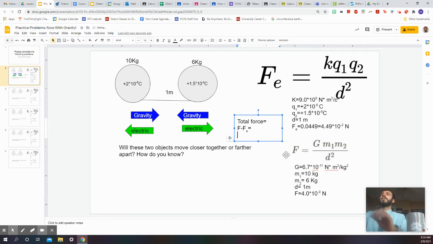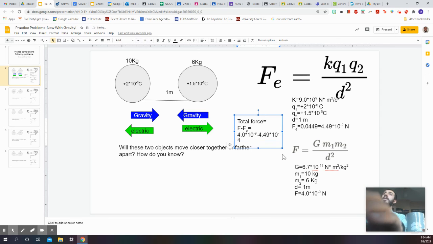So let's actually do this out. We have 4.0 times 10 to the ninth minus 4.49 times 10 to the second.